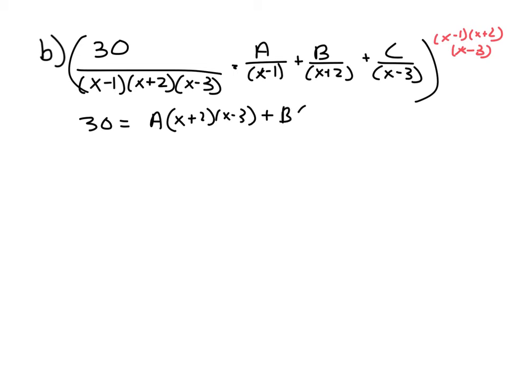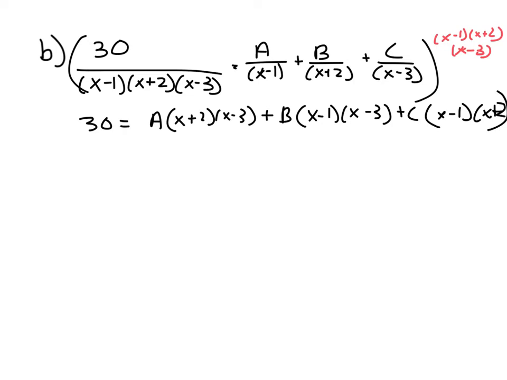And then B times, so the x plus 2 will cancel, so I'll have x minus 1, x minus 3. And then plus C, and then the x minus 3 will cancel for that term, so I'll have x minus 1, x plus 2.